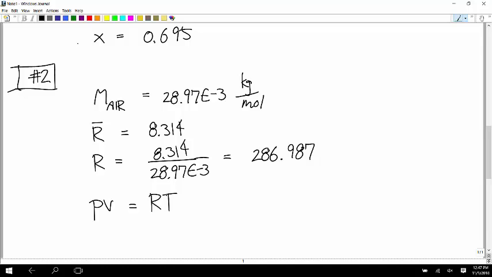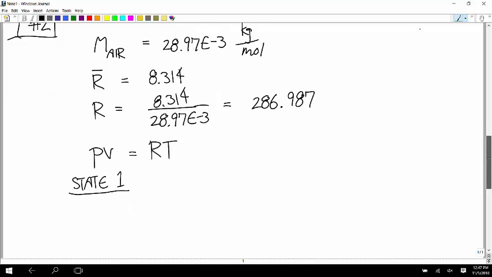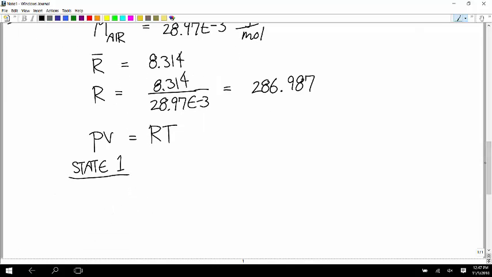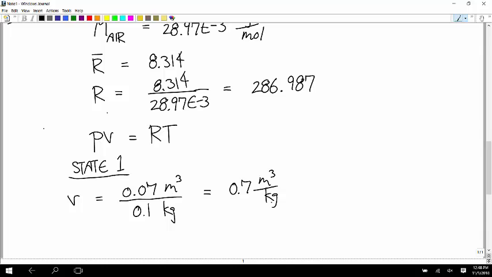At state 1, it says that the total volume is 0.07 meters cubed. So the specific volume is 0.07 meters cubed divided by the mass of the air, which is 0.1 kilograms. And so you get 0.7 meters cubed per kilogram.